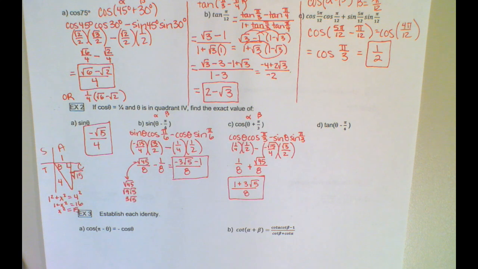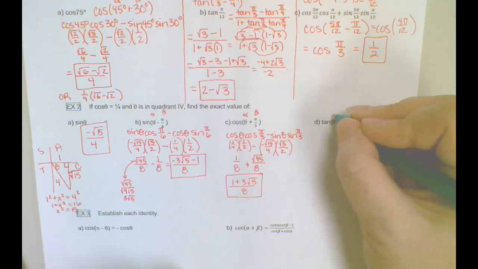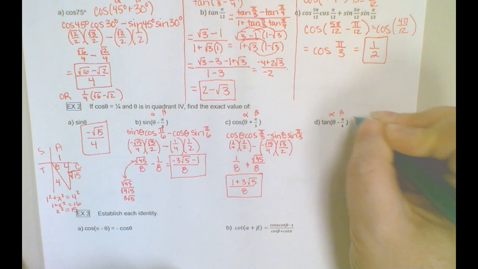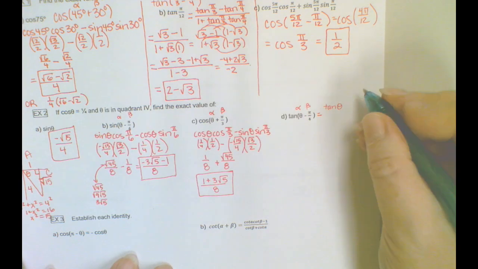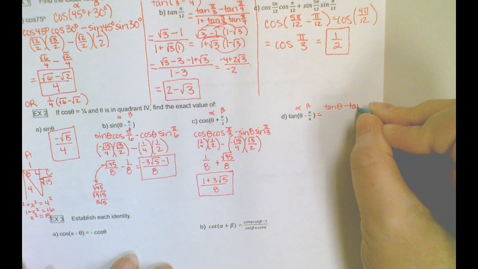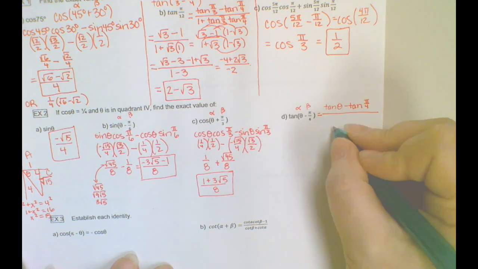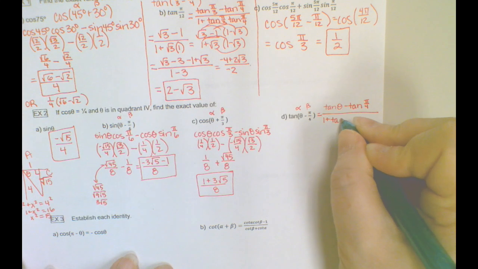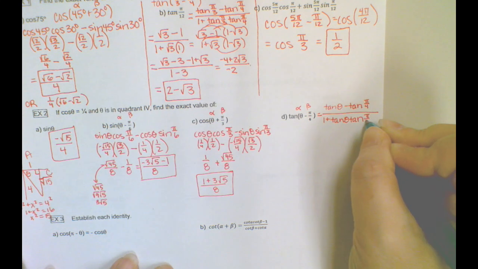All right, last one here. We are using tangent difference. So alpha and beta. So tangent difference is this one. So tangent of theta minus tangent of pi over 4 over 1 plus tangent theta tangent pi over 4.